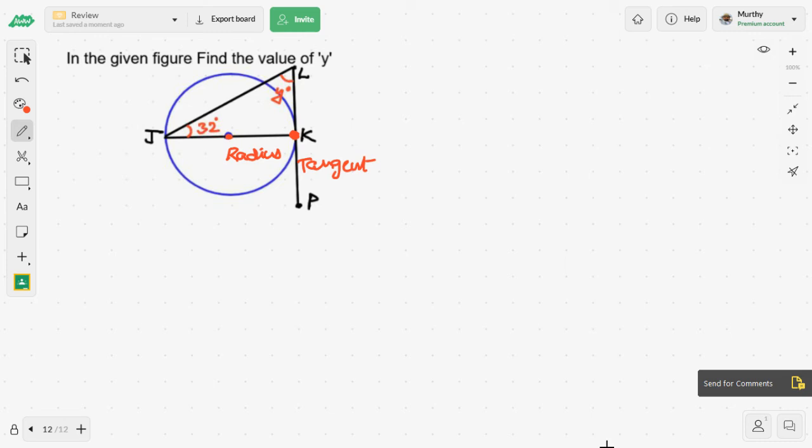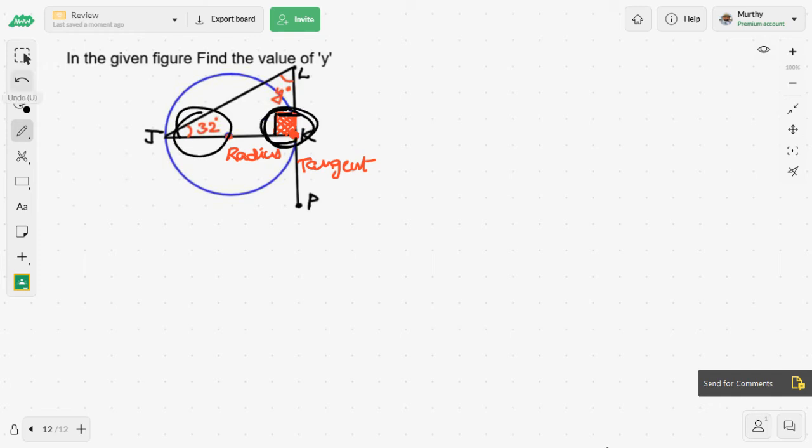The most important thing is the angle between the tangent and radius is always 90 degrees. I repeat, the angle between radius and tangent is always 90 degrees. Now you are asked to find the value of y. It's pretty easy now, because you know that one angle is 32 and the second angle is 90 degrees.